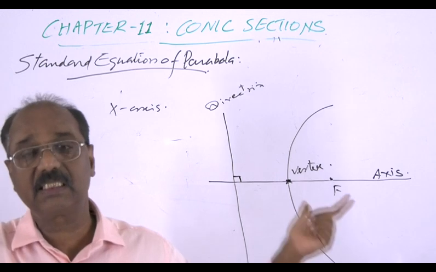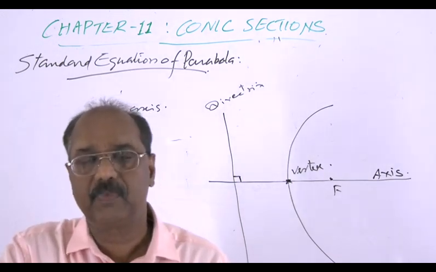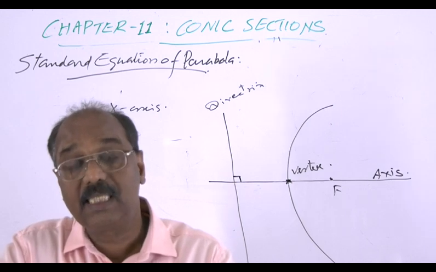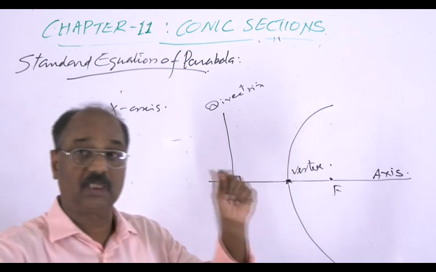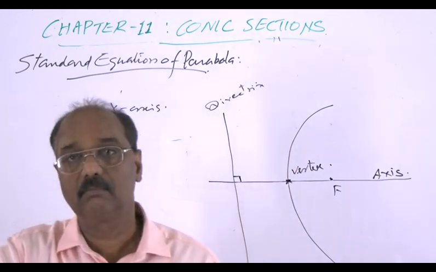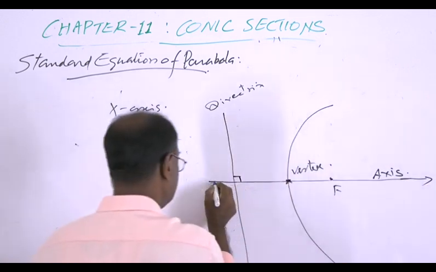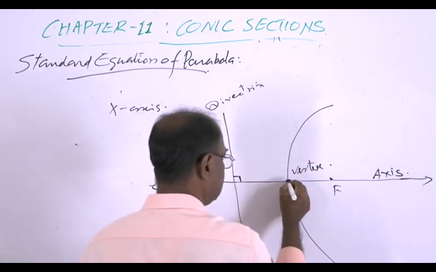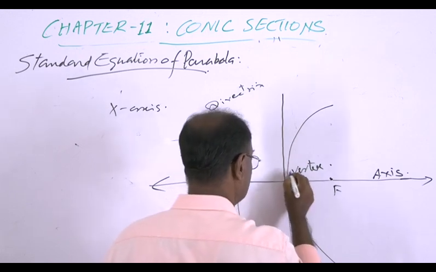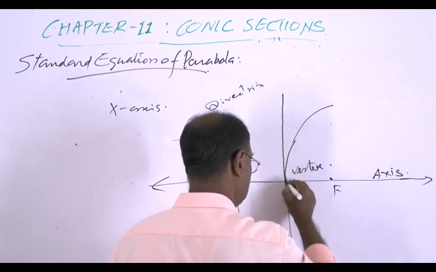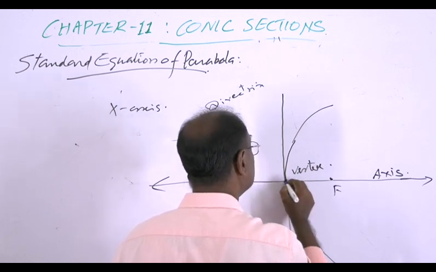All the derivations of equations can be done in the coordinate plane. So the axis is taken as the x-axis and the vertex is taken as the origin. And we have the y-axis here. This is the vertex.